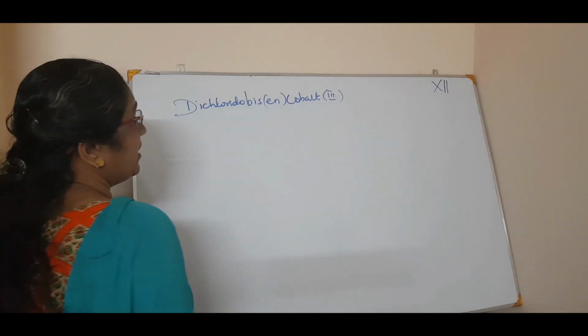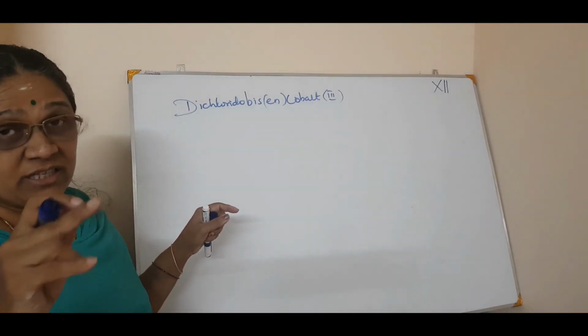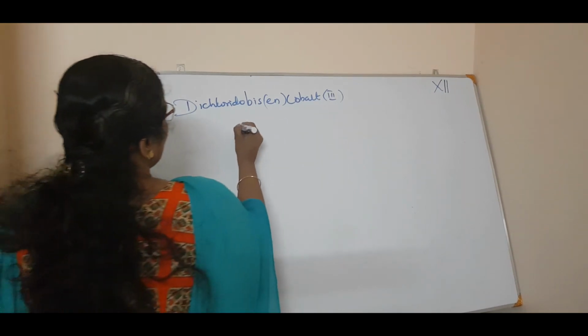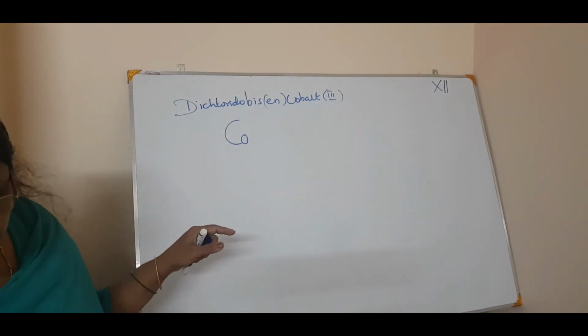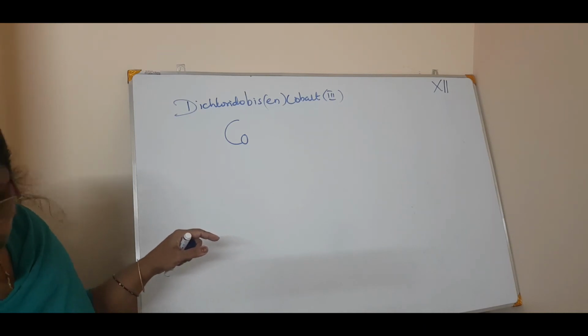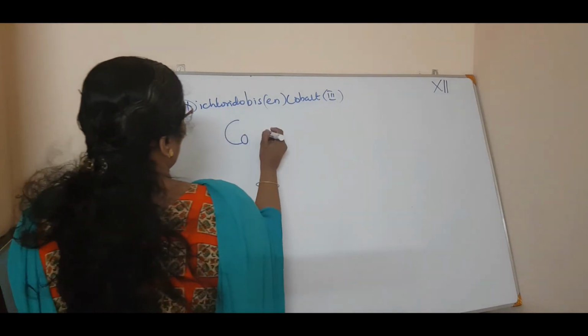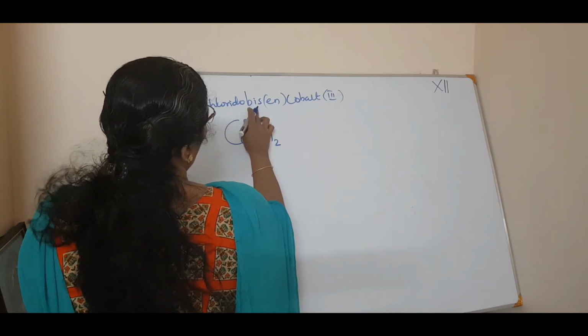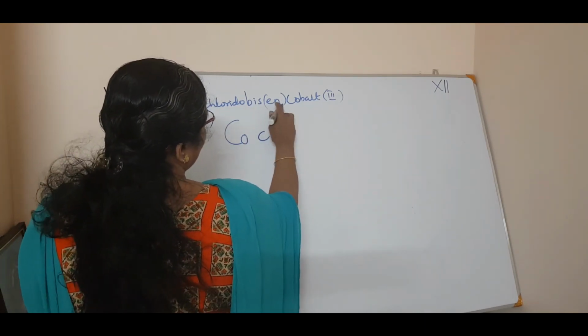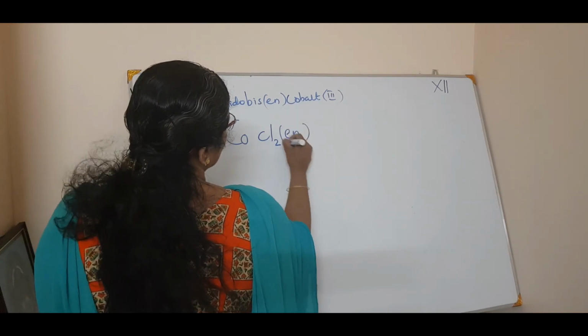First in the formula we have the cobalt, the metal, isn't it? So first we will have cobalt. Then you will have dichlorido, that is Cl2. Dichlorido bis. Bis means ethylene diamine twice. Isn't it?